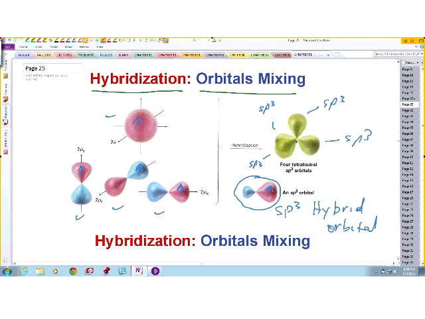So this is a carbon atom that is ready to bond to 4 other atoms. It now assumes a completely new hybridization. This is the shape of the valence electrons. Now once you have this carbon atom, it can bond to any other atoms.